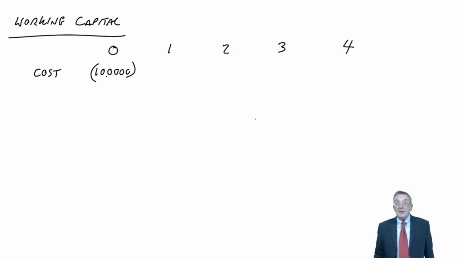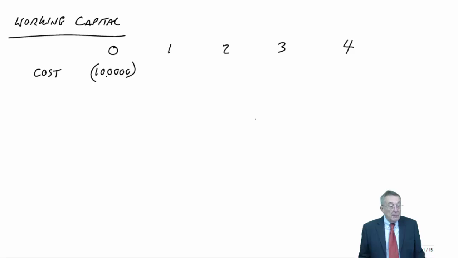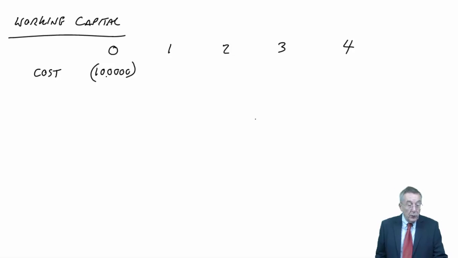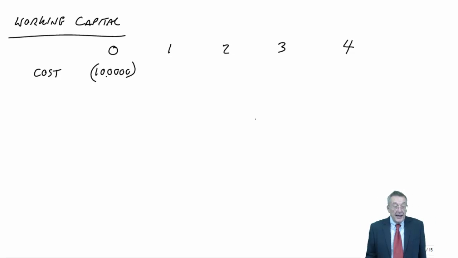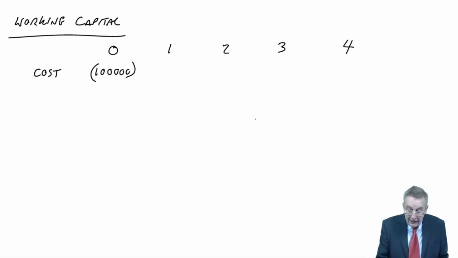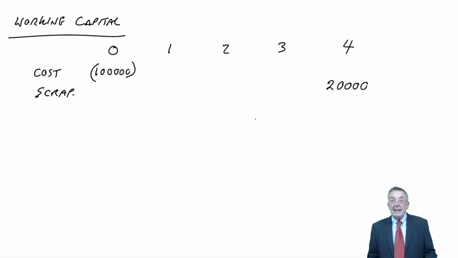I'm going to explain that separately. So jumping over that, it says the project will last 4 years and have a scrap value of 20,000 at the end of its useful life. So there's a cash receipt. There's expected scrap value. In 4 years' time, we expect to receive 20,000, a cash inflow.